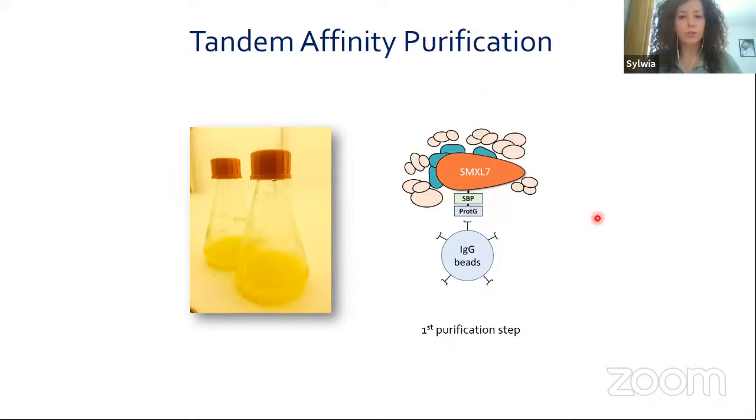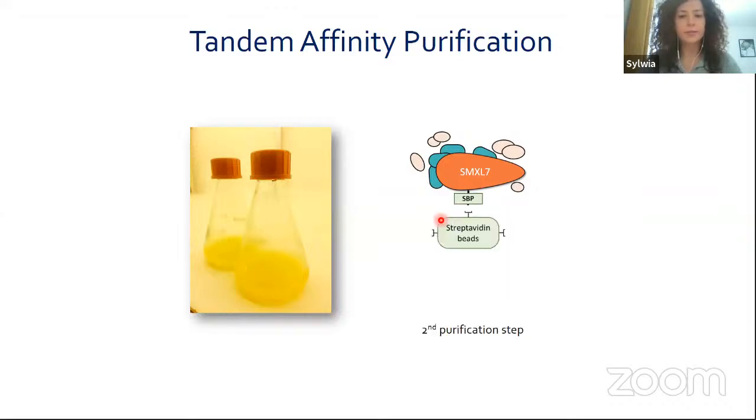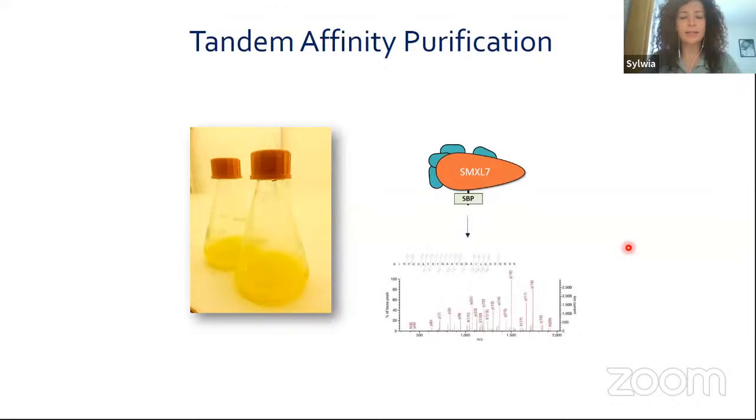After several washing steps, we use rhinovirus protease that will cleave off protein G. Then we can perform the second purification step, in which we use streptavidin beads that will pull down SMAX7 again with the streptavidin binding protein. After several washing steps and elution, we have a fairly pure complex of SMAX7 together with its putative interactors. And those were identified using mass spectrometry.